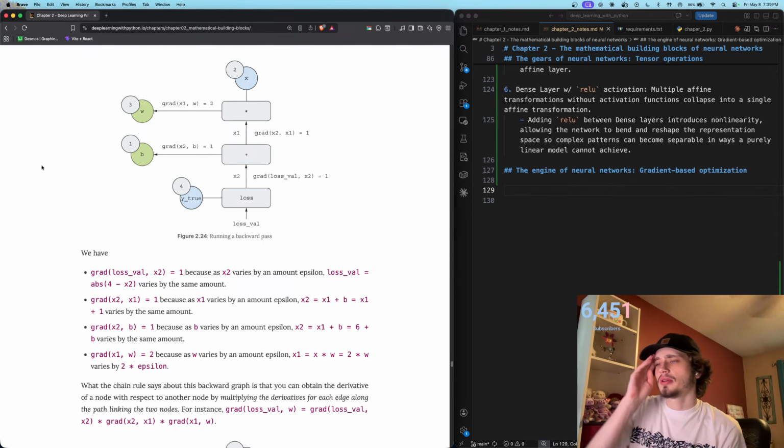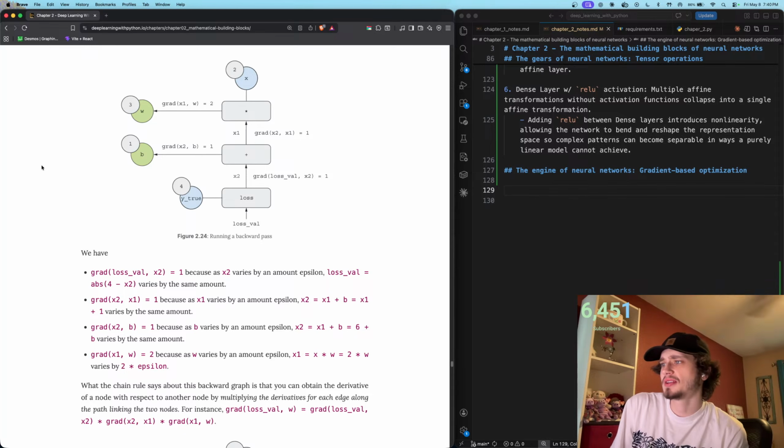We have the gradient of loss value comma x2 is equal to 1 because x2 varies by an amount epsilon, and the loss value, equal to the absolute value of 4 minus x2, varies by the same amount.